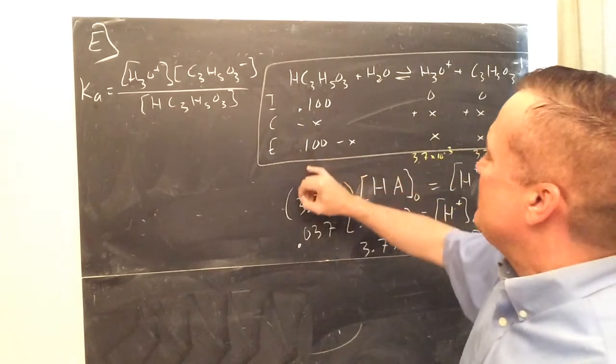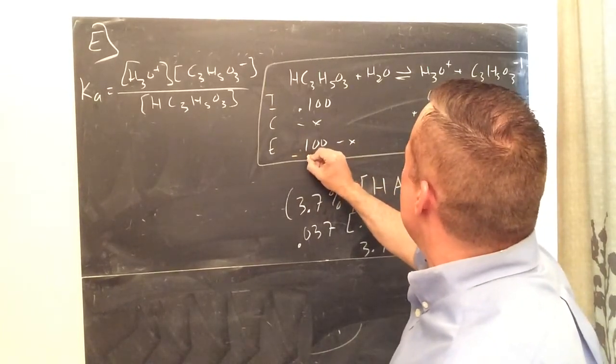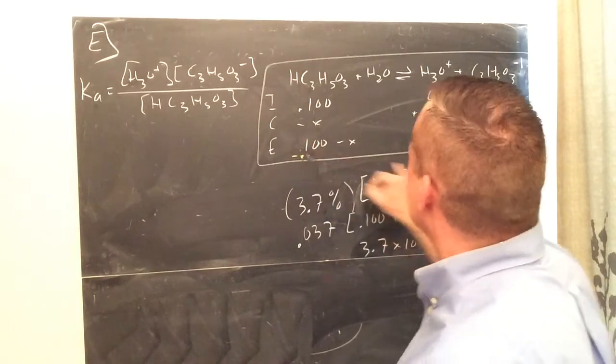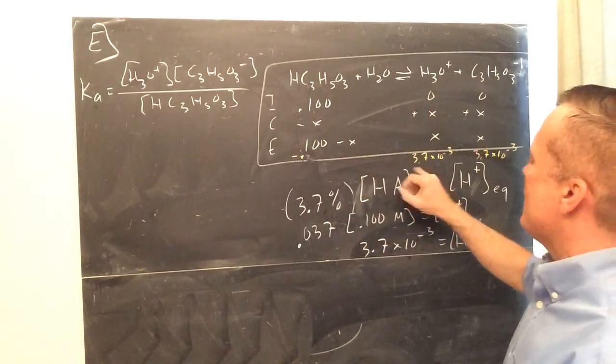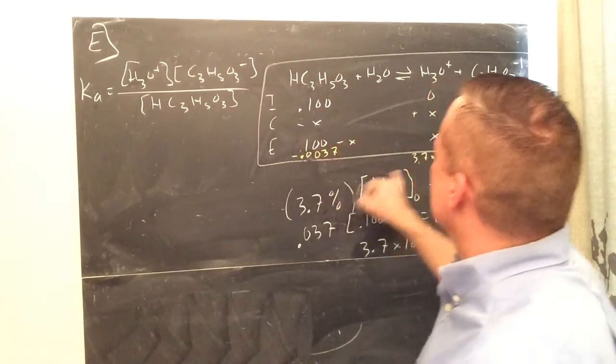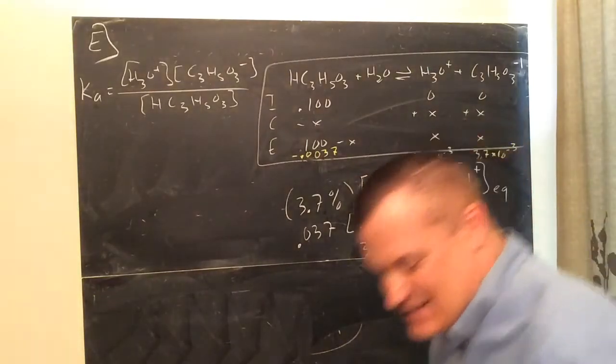And this will be 0.100 minus, well, I might write it like 0.100 minus 0.0037. That's 3.7 times 10 to the negative 3: 1, 2, 3. Yeah. So it's good to know how to change the scientific notation.